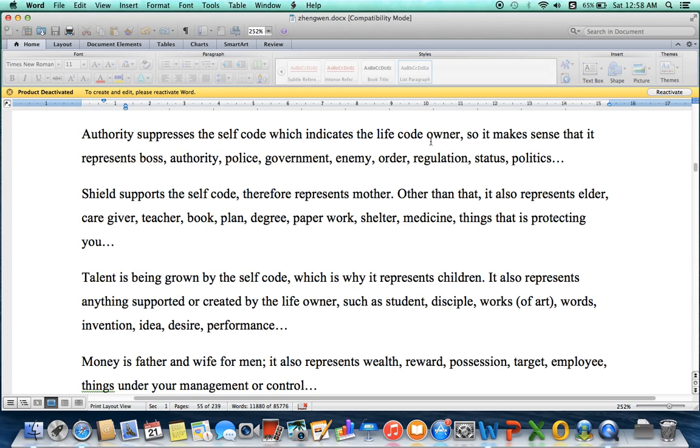So something suppresses me, which is why it represents boss, authority, police, government, enemy, order, regulation, status, politics.